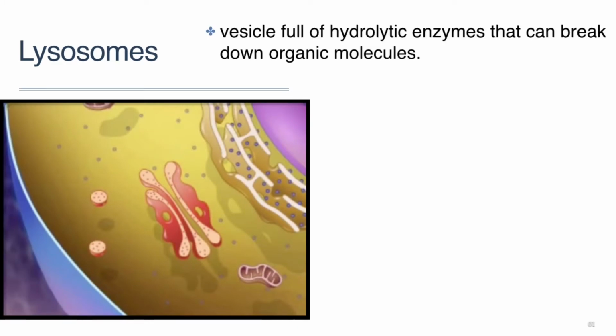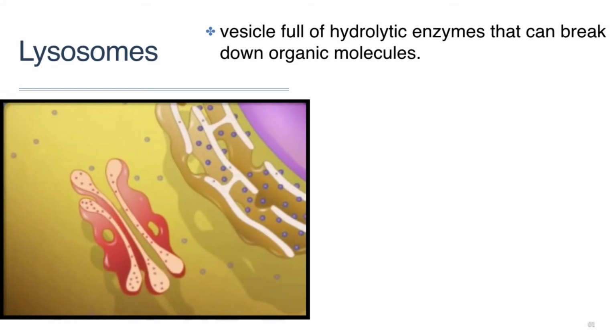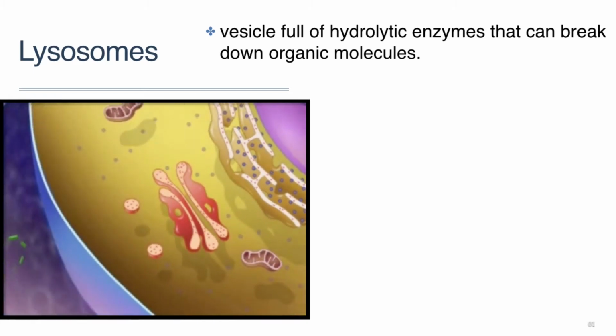Now, lysosomes are basically specialized vesicles that hold a variety of hydrolytic enzymes. These enzymes are proteins that are first created in the rough endoplasmic reticulum, are then packaged into vesicles, and sent to the Golgi apparatus. The Golgi then does its final work to create the digestive enzymes and then pinches off a lysosome.